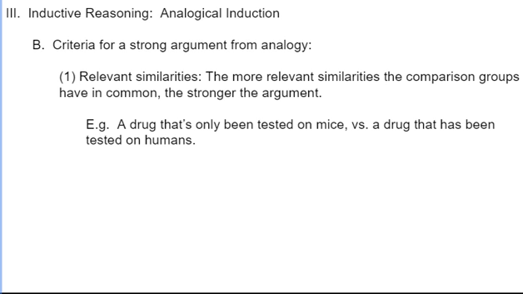If you had a deadly disease and there's a drug that's been tested on mice and it's been successful at treating the disease, but here's a drug that's been tested on humans that's treated the disease successfully. Well, humans are more similar to you than a mouse is, right? Now, mice have lots of relevant similarities, right?